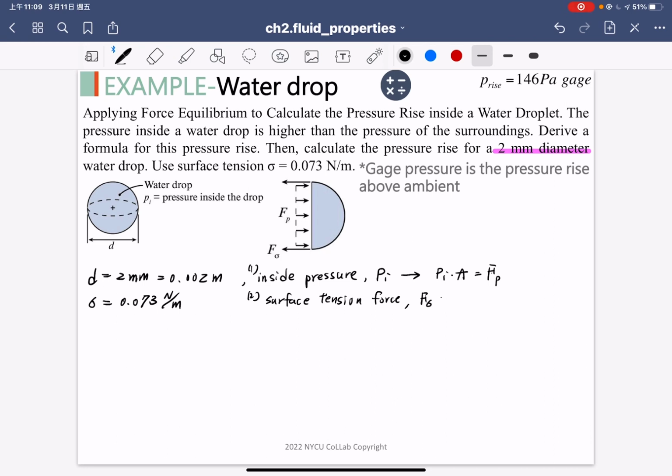We need to use the surface tension sigma multiplied by the length of the interface between the two materials. Right now the material interface is the air and the water. So we first compute the FP.